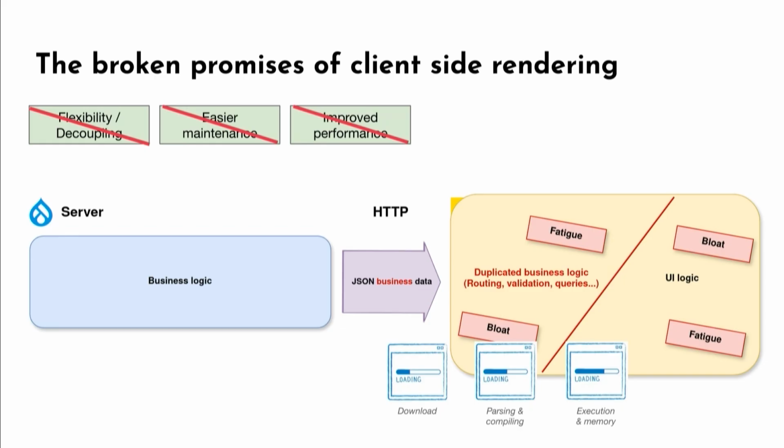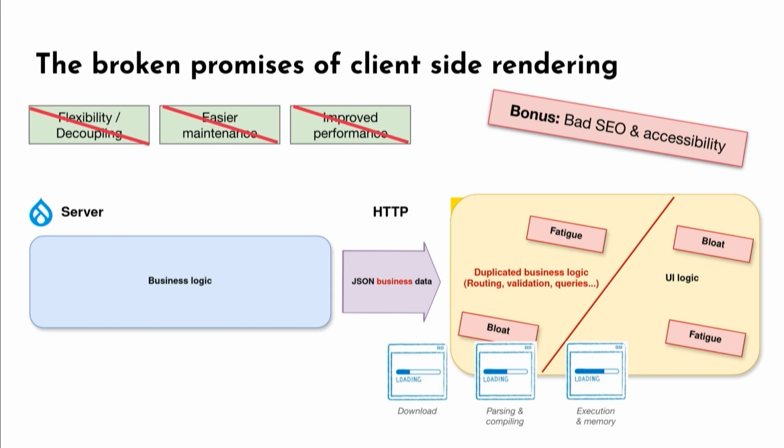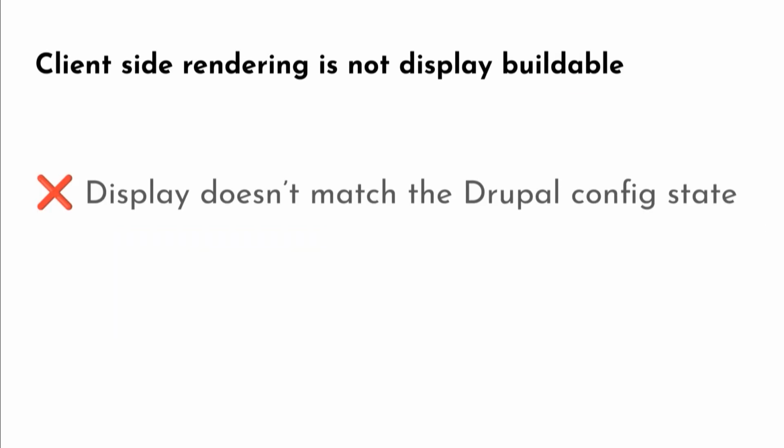And all this is not the reason why I'm complaining. And I'm not complaining again about bad SEO and accessibility. I'm complaining about that: client-side rendering, headless rendering, is not display buildable. Because the state of your display doesn't match the state of your config on the Drupal side.